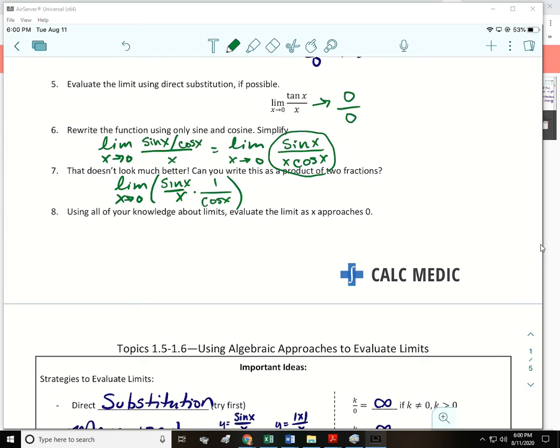Now, you don't have this knowledge yet, but we're about to talk about the properties. If we have the limit of a product, we can rewrite it as the product of limits. So we could break it apart as the limit as x approaches 0 of sine of x over x times the limit as x approaches 0 of 1 over cosine of x.